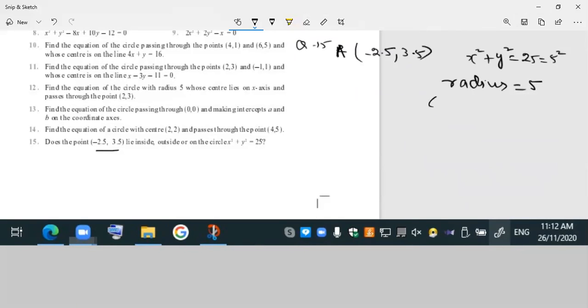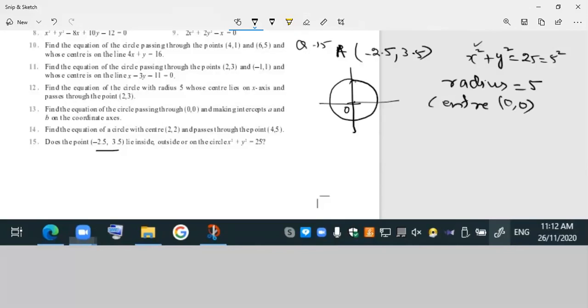And what is the center of this circle? The center is (0, 0), because x minus h, h is not there. When only x square plus y square is given, the center is (0, 0), since 2gx and 2fy are not there. So the center is (0, 0) and the radius is 5. Suppose this is the center O at the origin.